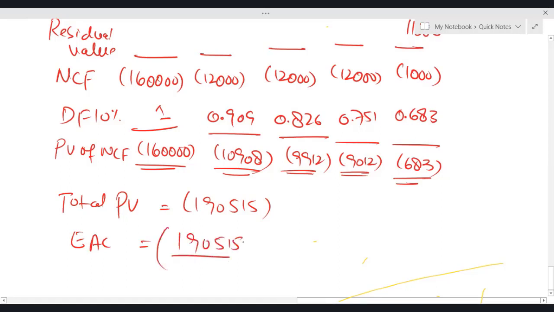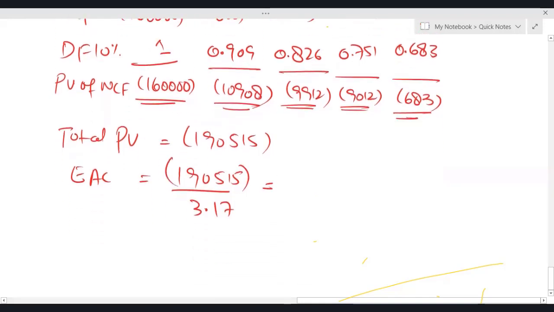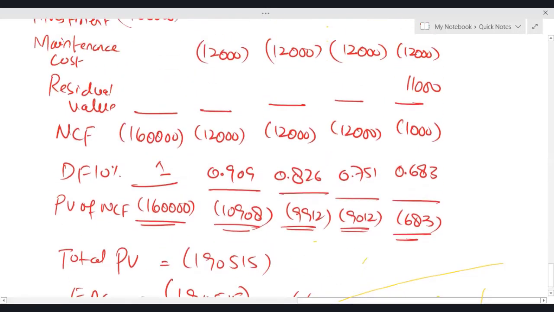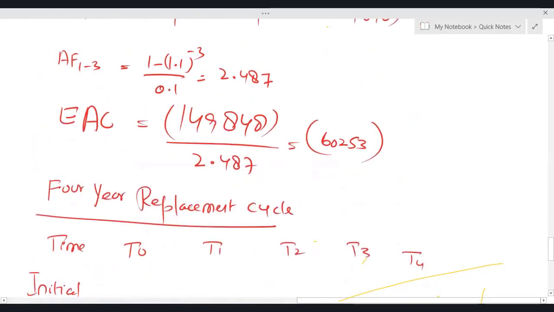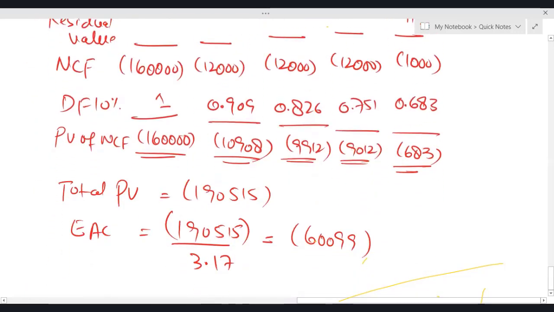at 10% for 4 years, annuity factor is 3.17. 190,515 divided by 3.17 is 60,099. Yes. Let's see what is the answer for every 3 years. Oh. Every 4 years is cheaper. Yes or no?